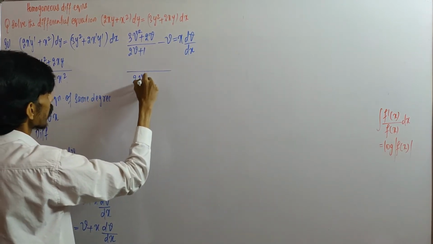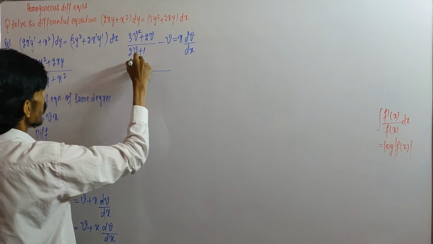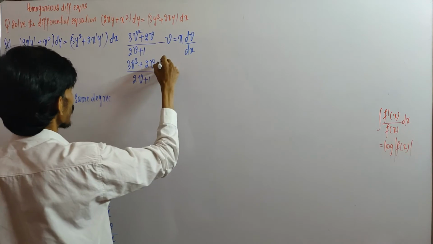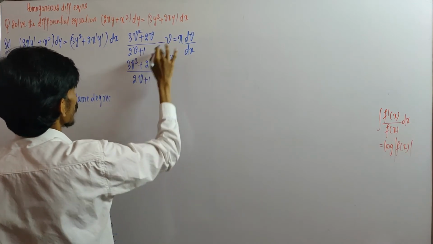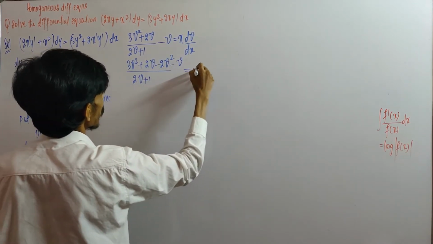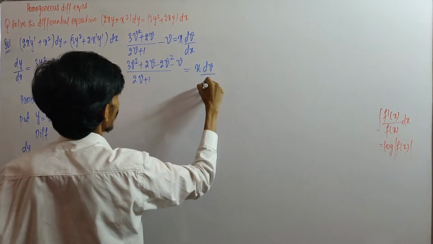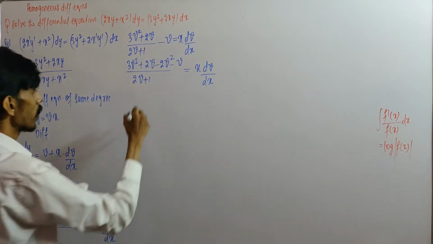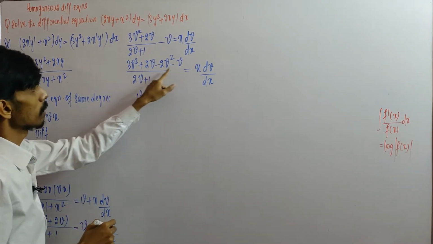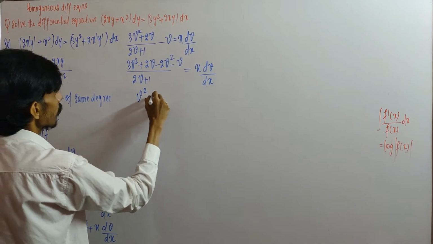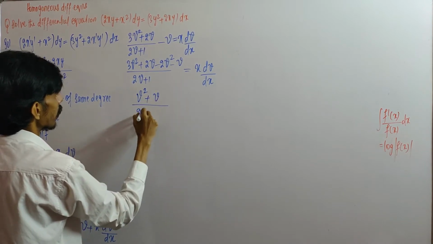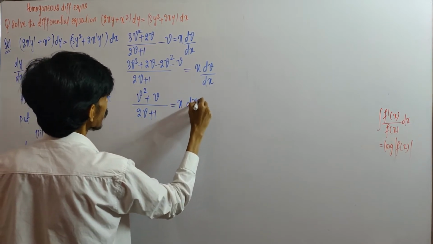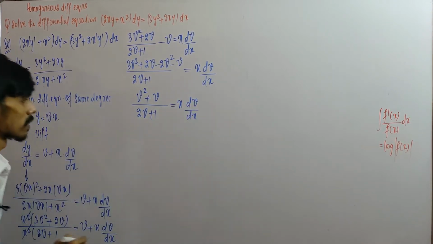Here we have 2v plus 1, 3v square plus 2v minus v into 2v is minus 2v square minus v, is equal to x dv by dx. Now 3v square minus 2v square, we have v square, 2v minus v, we have v, upon 2v plus 1 is equal to x dv by dx.